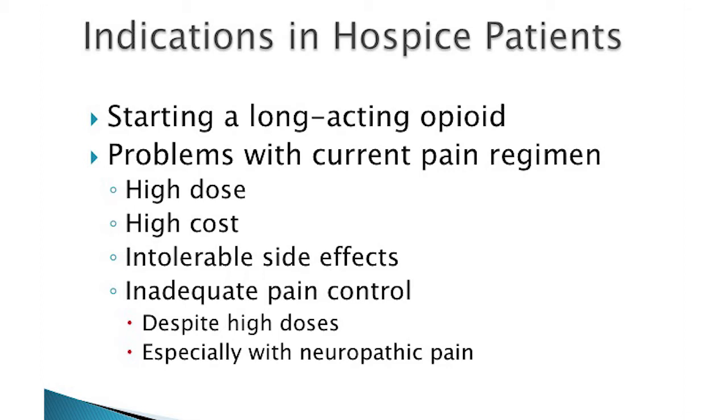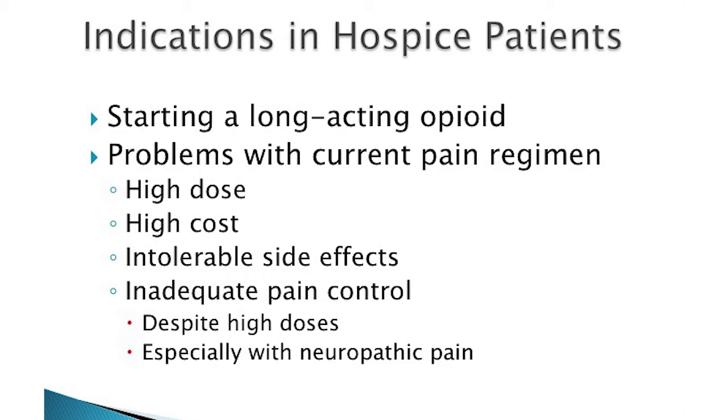And a second indication for starting methadone would be when the current pain regimen is problematic for one of several reasons. One being high dose, maybe the tablet burden is just too much, or the frequency becomes every hour or every 2 hours, and it's not feasible for the caregiver to keep up with it.